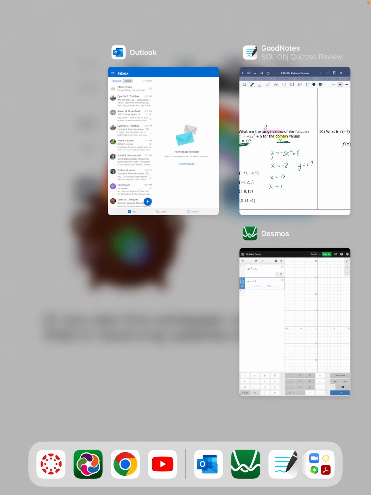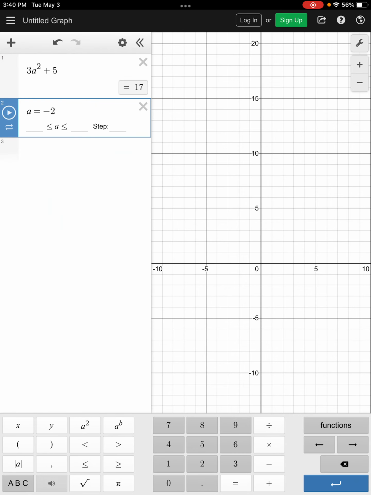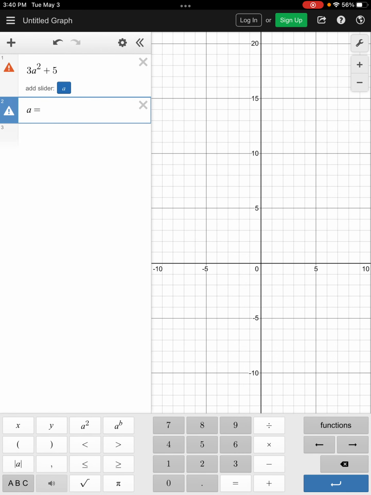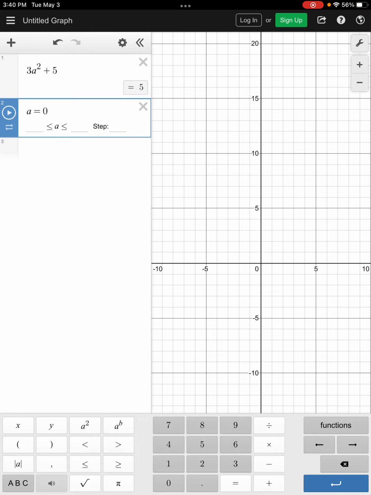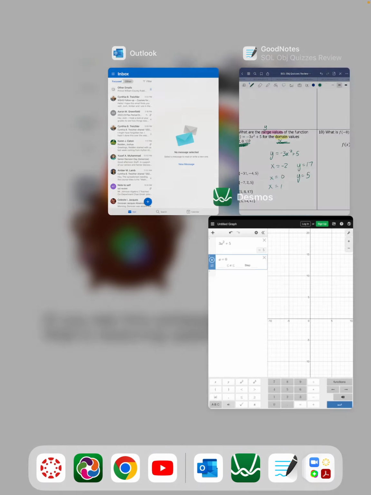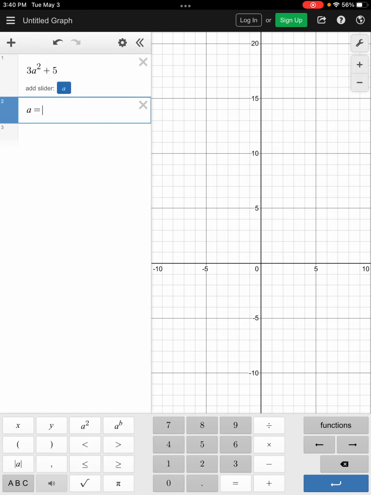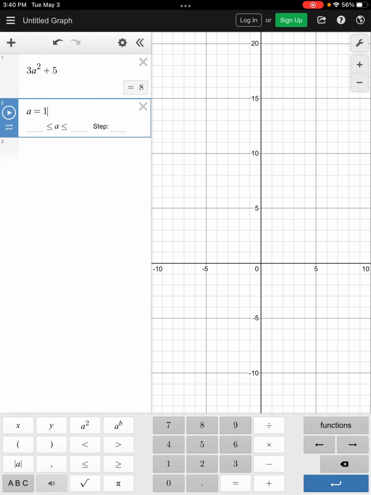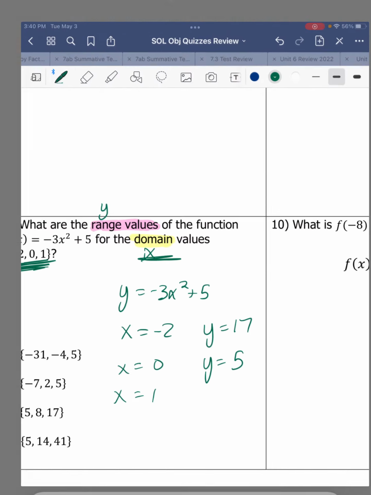Now I'm going to do when x equals 0, the y is going to equal 5. And when x equals 1, the y is going to equal 8.